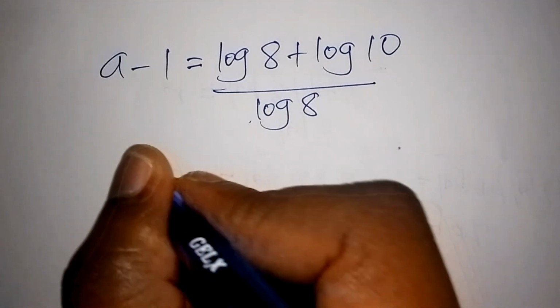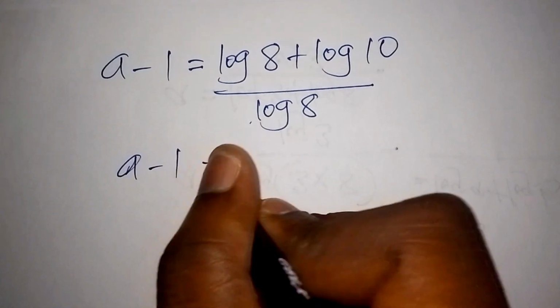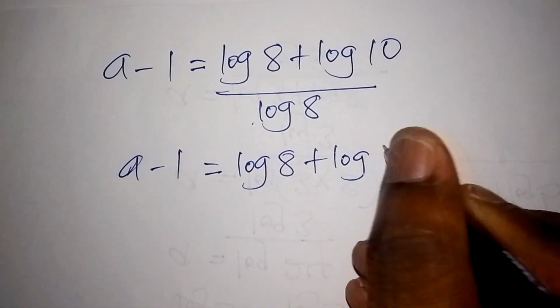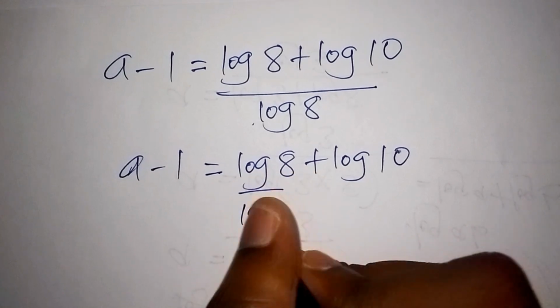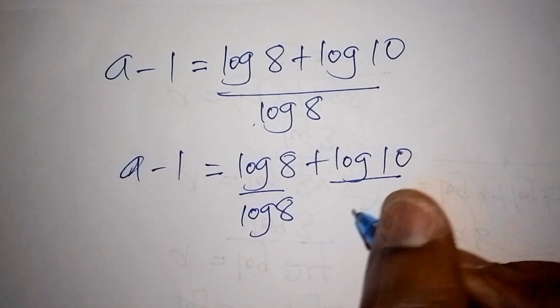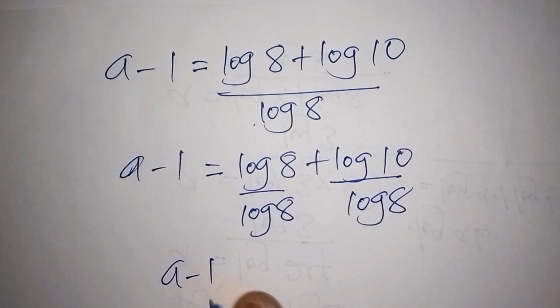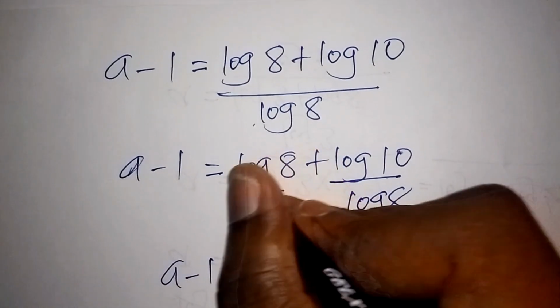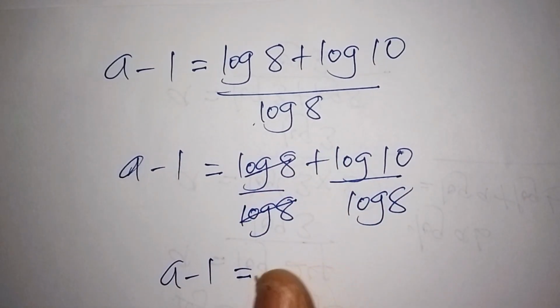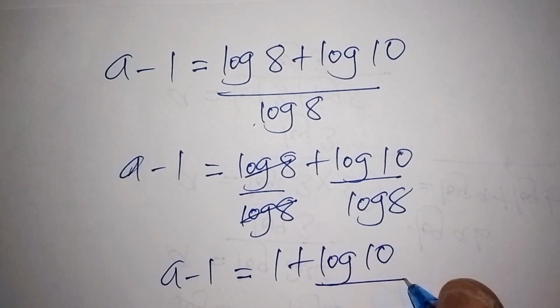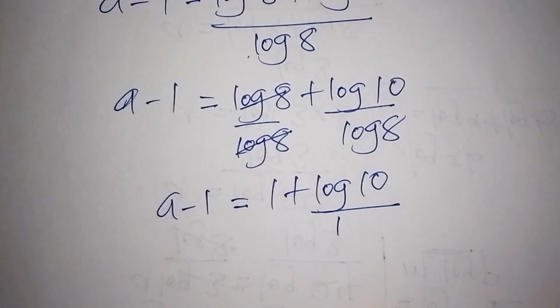So we have the log of 8 plus the log of 10, and we divide both sides by the log of 8. So now a minus 1 is equal to, the log of 8 and the log of 8 cancel. Now we shall have 1 plus the log of 10 all over the log of 8.